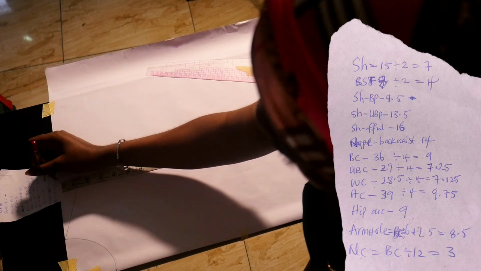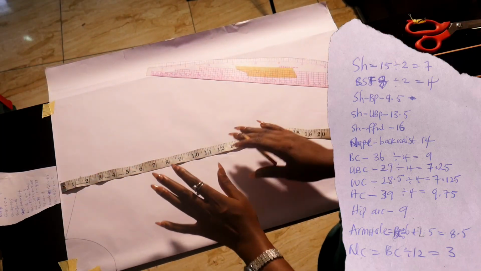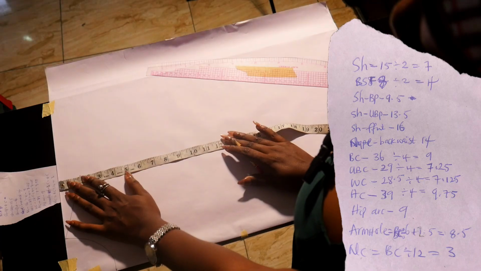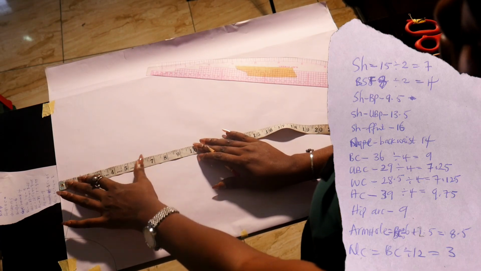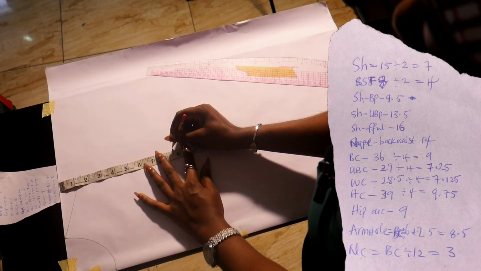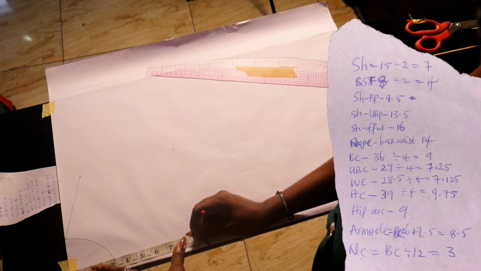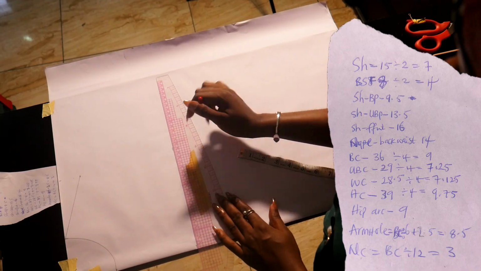So let me make this correction, and I want us to use this so that there'll be no confusion going forward. So from the top of our paper, we're going to take 8.5 downwards, which is the measurement I got when I divided my bust circumference by 6 and added 2.5. So I'm marking that on both sides. I'm going to draw a straight line through it.